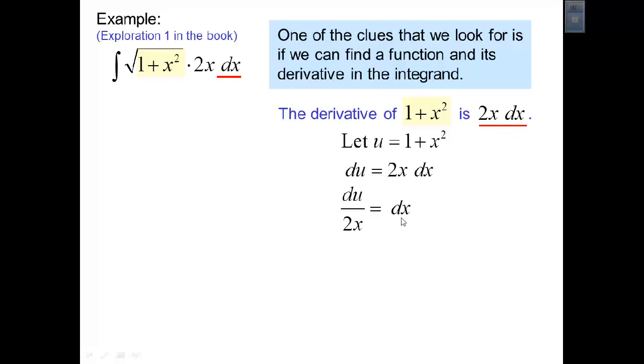Then you put this thing in place of dx. So you'd end up with 2x du divided by 2x, and of course the 2x's would cancel out. Let's say this had been 5x dx, and you solve this and plug it in there, and you'd end up with 5/2 du at the end. It just makes it easier to do it this way sometimes when they're not going to cancel out exactly.